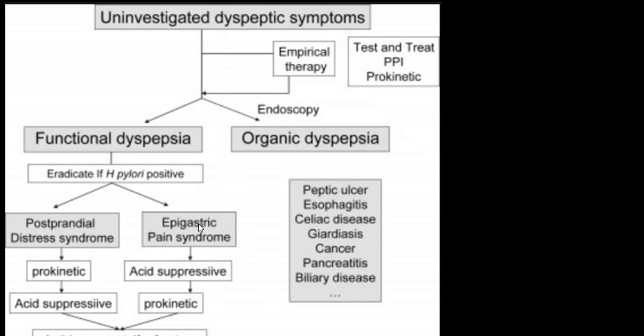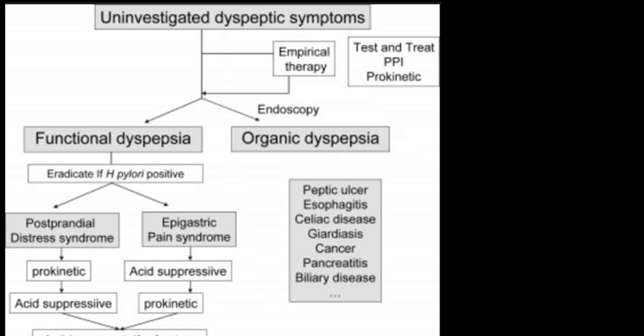If the person has more ulcer-like symptoms and epigastric pain, then give a proton pump inhibitor and prokinetic. And if the person has more postprandial distress symptoms, then a prokinetic will be very helpful.